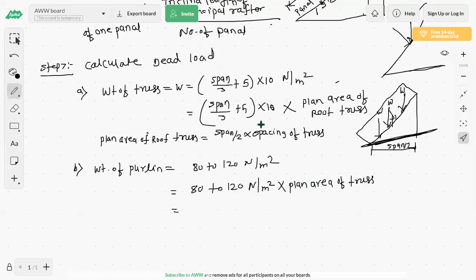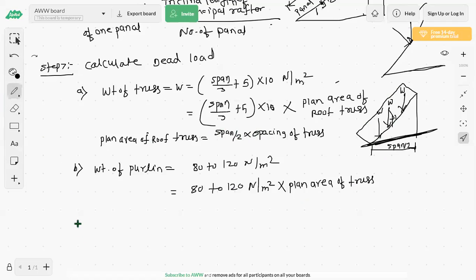So again, how to calculate the plan area of truss? This is span by 2, because this is the whole panel, and on this panel these purlins are placed. So we have to calculate this plan area by using the same formula again, span by 2 into spacing of truss.